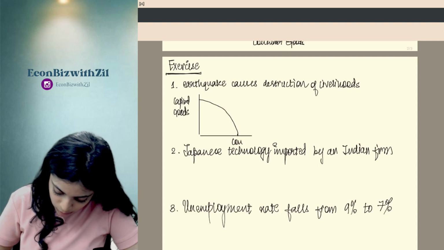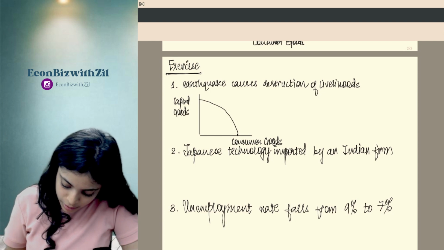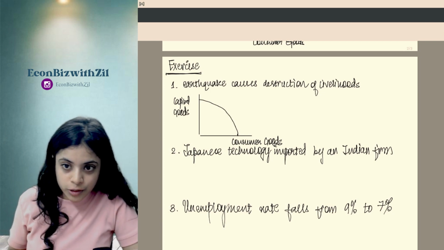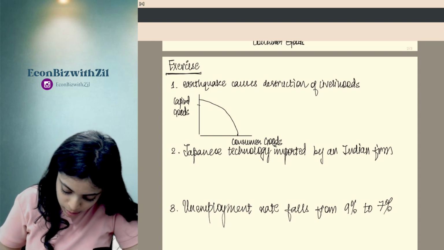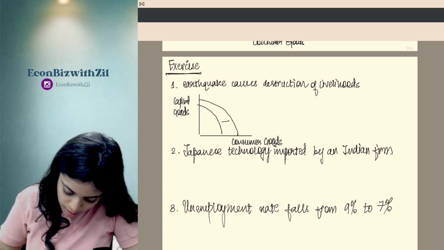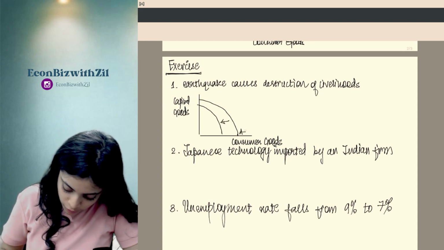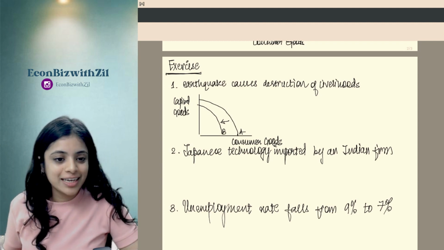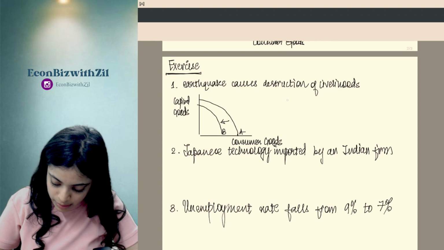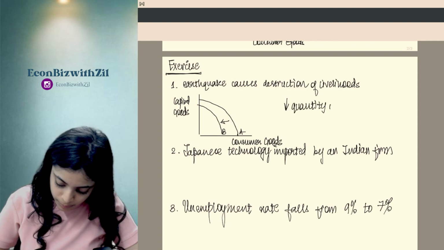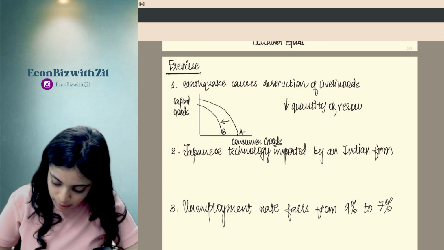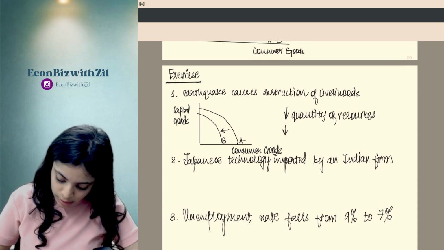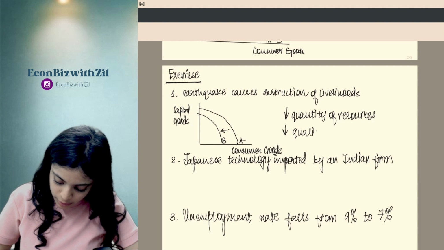If there's an earthquake causing destruction of livelihoods, the PPC will shift like this. It'll move from A to B, because there is a reduction in the quantity of resources and a reduction in the quality of resources.